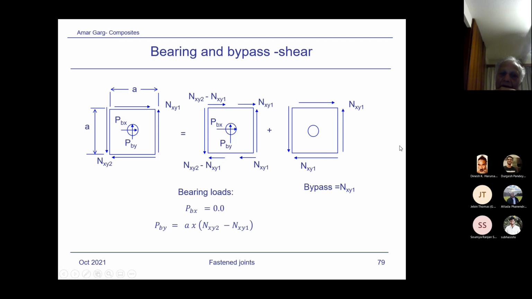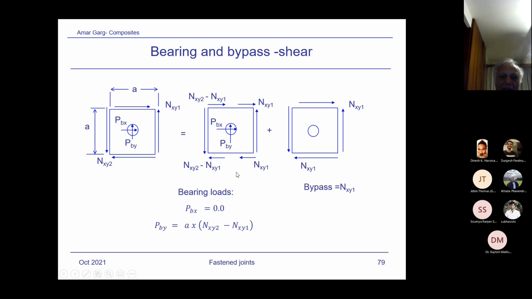I'm saying this load is just passing through the fastener. It's not being reacted by the fastener. So this is bypass, and for the remaining loads, you can draw the free body diagram like this one and calculate these loads I've just shown here. Say PBX, this load is 0, and PBY would be reacted as A. A is this dimension multiplied by NXY2 minus NXY1. Okay. So this is the story about the bearing and bypass.